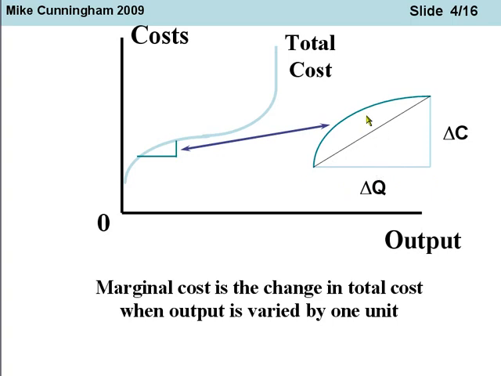But you can see it's wrong. This is the true line up here. This is the one we've drawn. So you can see there is an error built into this one. So we've got it wrong. What we need to do really is to take delta Q to be very, very small. If we take it very small, what we'd do is we'd go up there, and you can see the gradient of that line would be less.